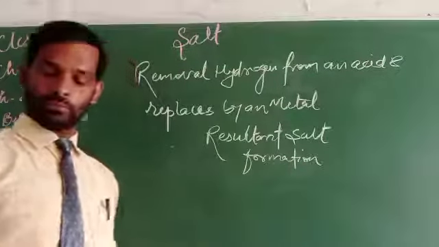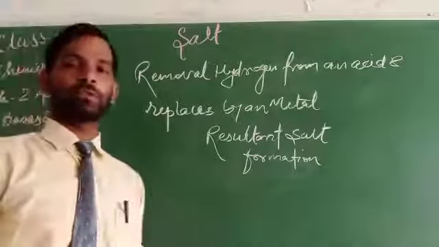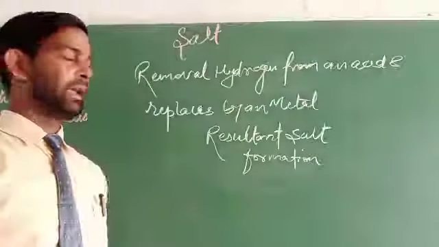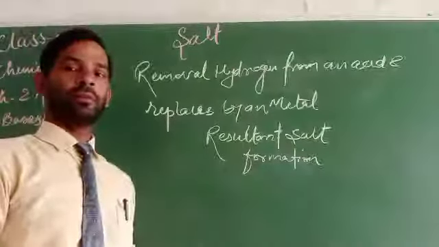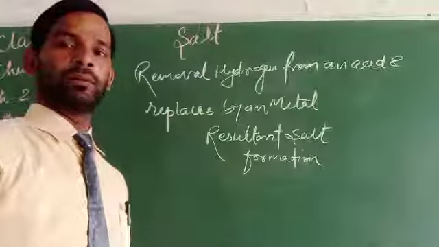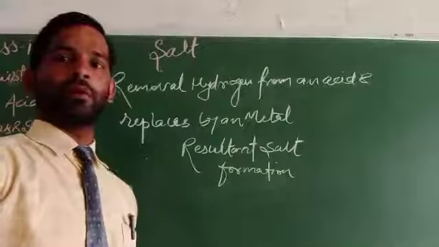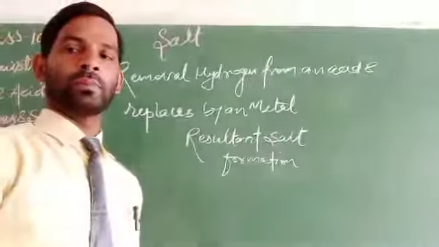How does the salt form? Salt formation takes place when there is a removal of hydrogen from an acid and that is replaced by metals. There will be salt formed.